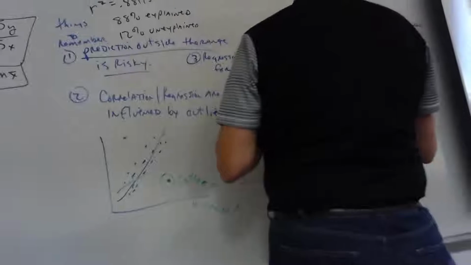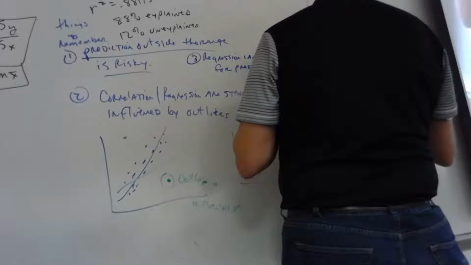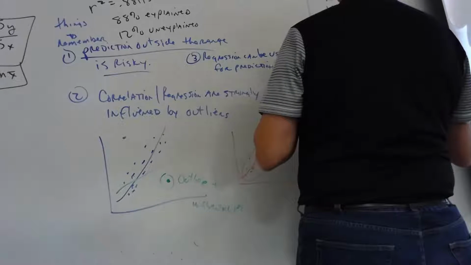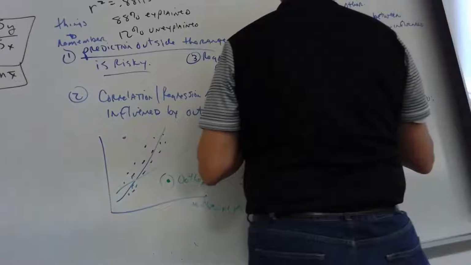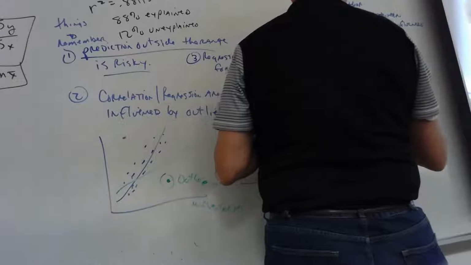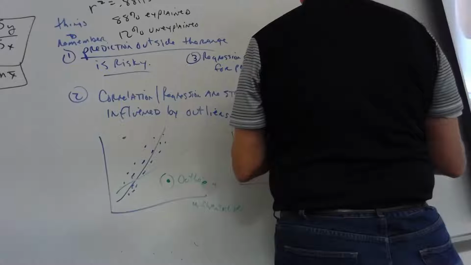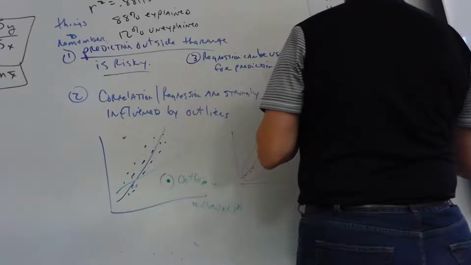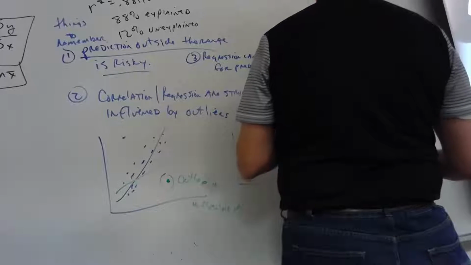Okay. Number four, relationship may be due to A, direct cause, B, common response, or C, confounding.